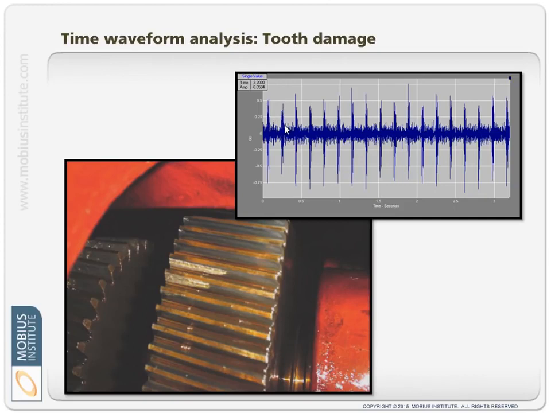There they go through it again. Once per revolution of this gear, we see a spike in the vibration. Now, often you'd be hard pressed to pick that up in the spectrum alone. It's a once per revolution vibration. There are other things you'll see in the spectrum, but the time waveform tells you perfectly exactly what's happening.